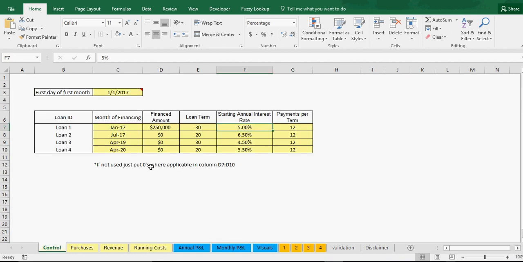Now let's say you have 125,000, so you only want to fund half of it. So let's say we only finance half here. Now let's see how this affects everything.